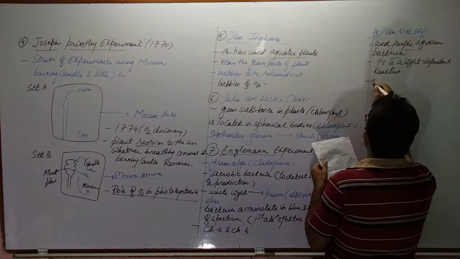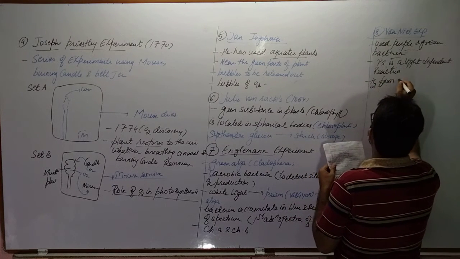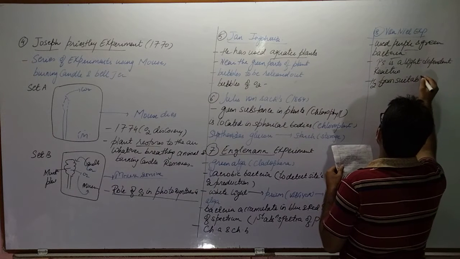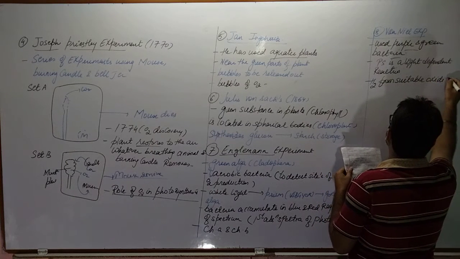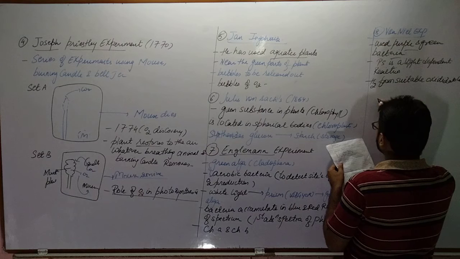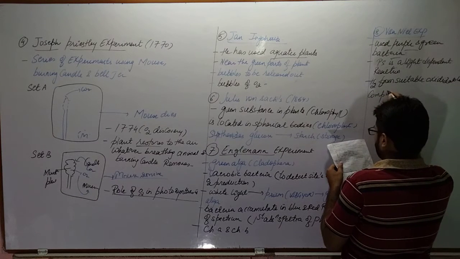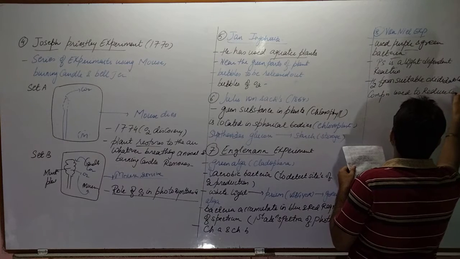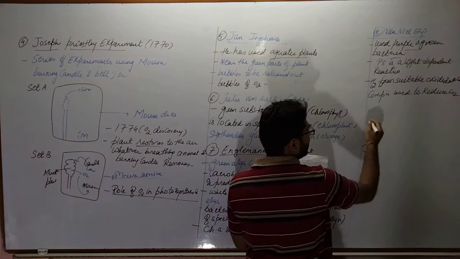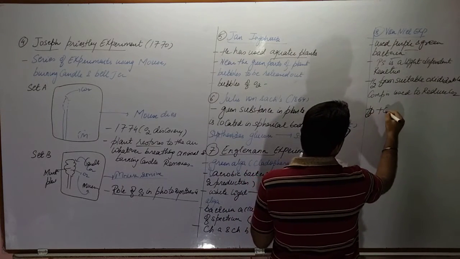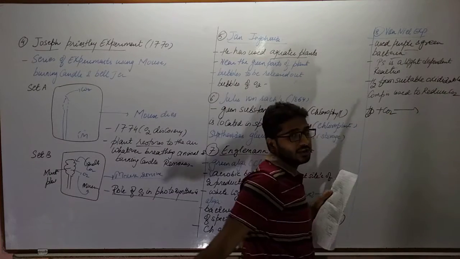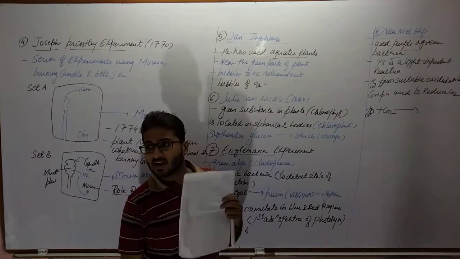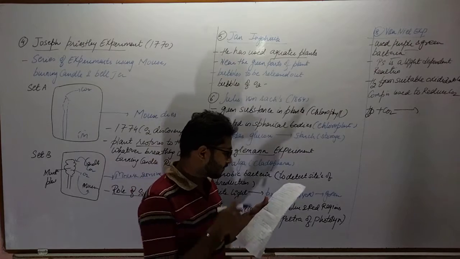Hydrogen from a suitable oxidizable compound is used to reduce carbon dioxide. That is, we know now H2O plus CO2 will give you glucose. Balancing we have to do for the reaction.